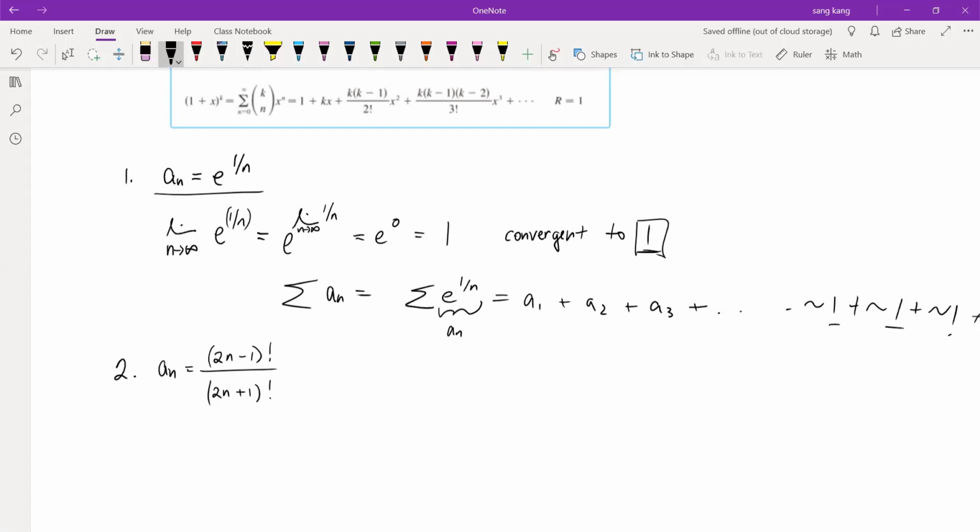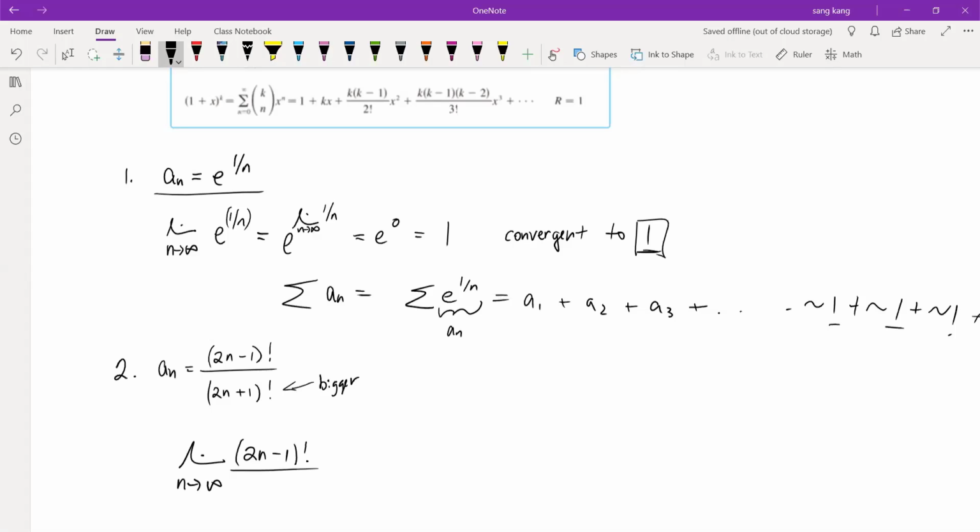Just intuitively, we can see that the denominator is bigger, right? So intuitively, we should think that it is convergent to 0. But if we were to actually write this out, let's take the limit as n approaches infinity of (2n minus 1) factorial over (2n plus 1) factorial.